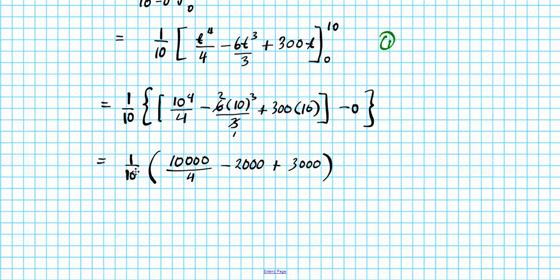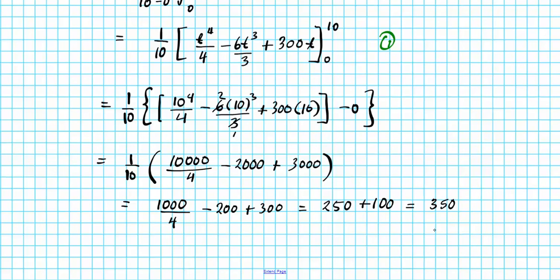Now I'm going to find the tenth of everything here, okay? If I do that, I'm going to have 1,000 over 4 minus 200 plus 300, okay? And then when I simplify that further, 1,000 over 4 is simply 250, right? 250 minus 200 plus 300 is positive 150. I'm sorry, positive 100. And we add these two together, you have 350.